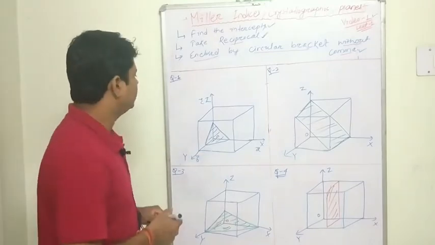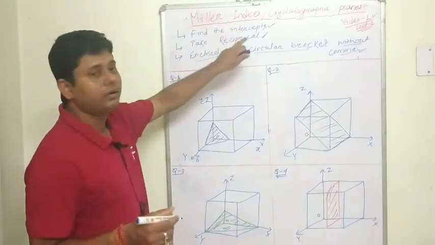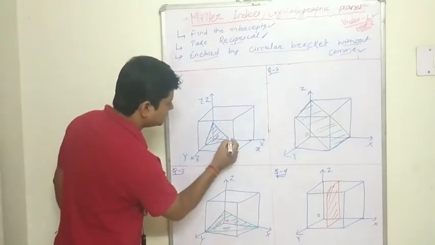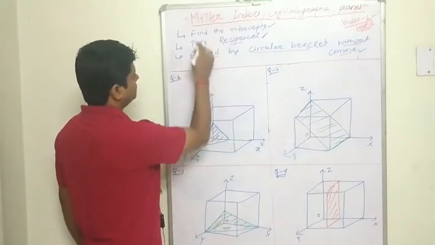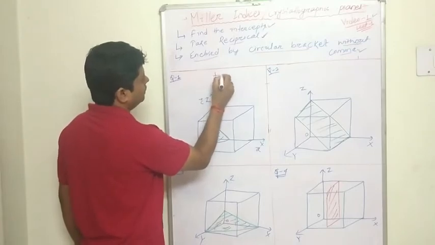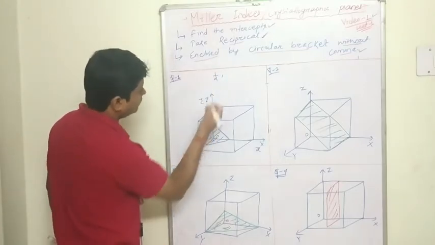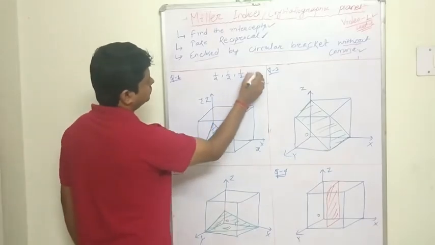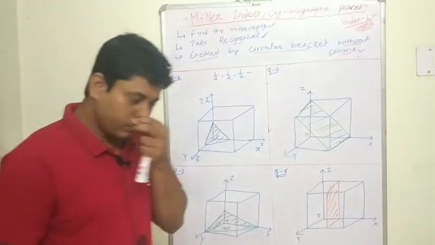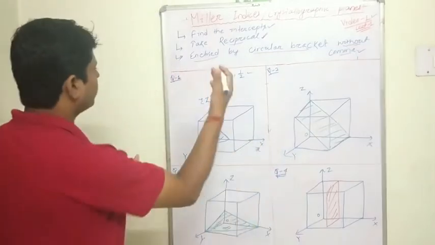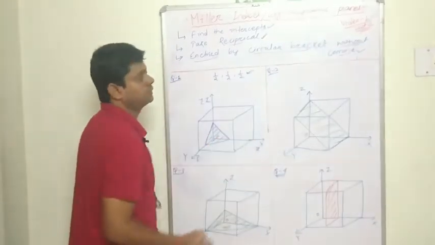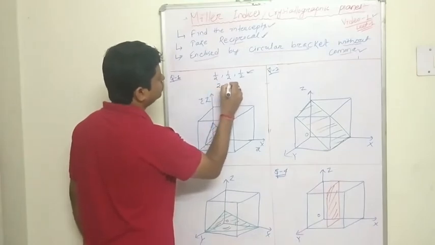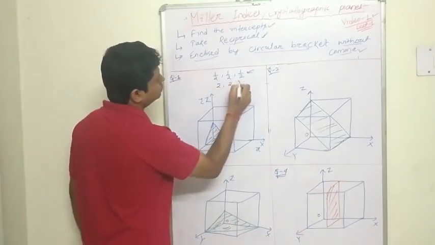This is the plane, what will be the Miller indices? Following the first step, we find the intercepts. It cuts the x-axis at 1 by 2, the y-axis at 1 by 2, and the z-axis at 1 by 2. Now we take the reciprocal of these intercepts, which will be 2, 2 and 2.